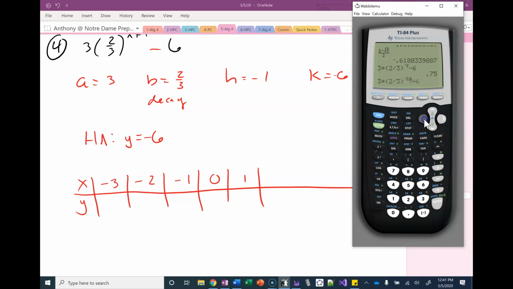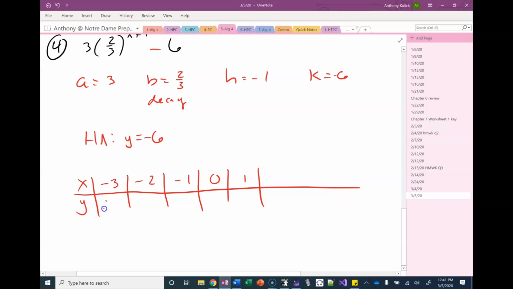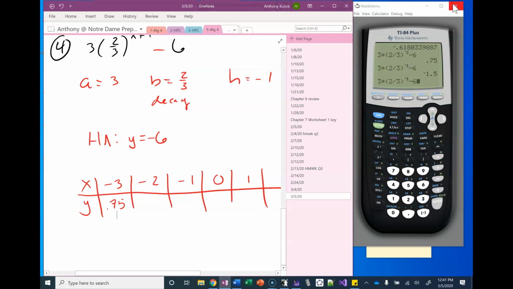And then I have b to the -1. So that's going to be 0.75. And then 1.5, because I don't need that, I can do that one in my head. That's -3.